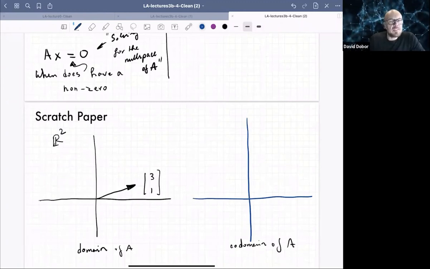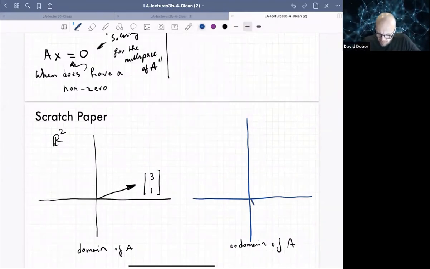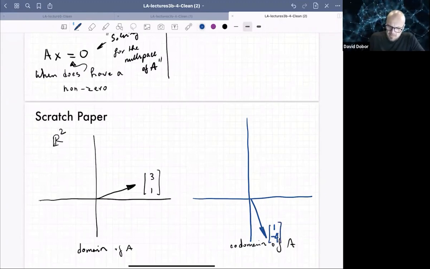In general, vectors will change direction. So this vector 3, 1, to which A is applied, may come out on the other side as a vector like this, something like 1, minus 4. Maybe that's the kind of linear transformation it is, that when applied to the vector 3, 1, out comes that particular vector.